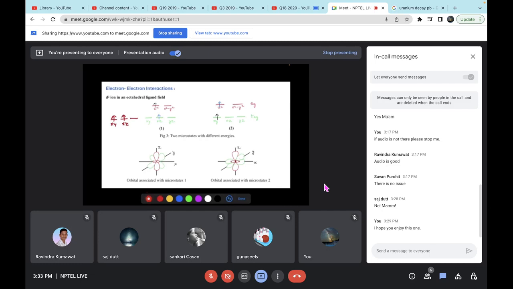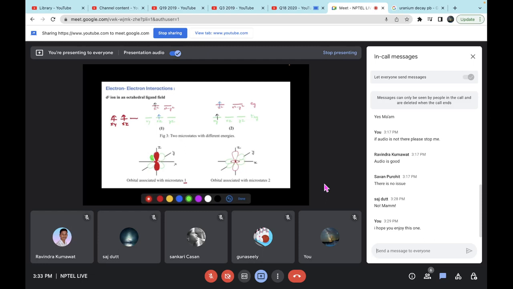So, for example, if I choose microstate 1, the electron density will be such that this is dz square, and for green, for T2g, it is in the XZ plane. So XZ is this plane.